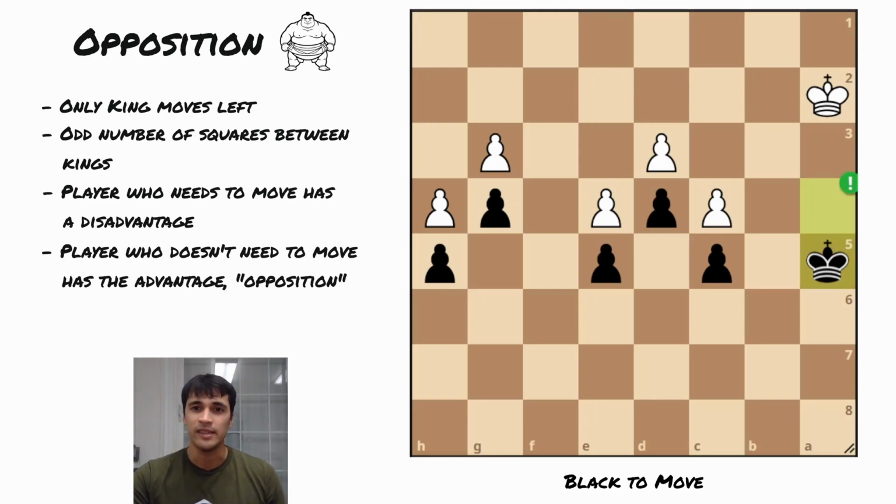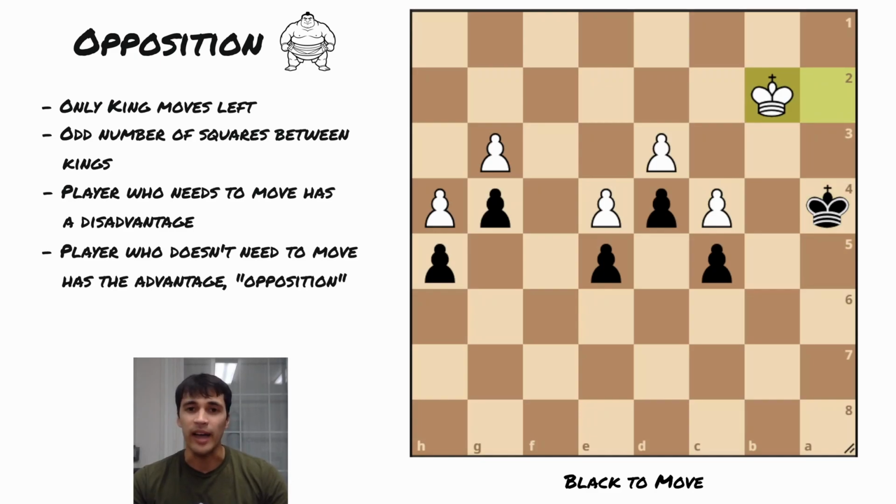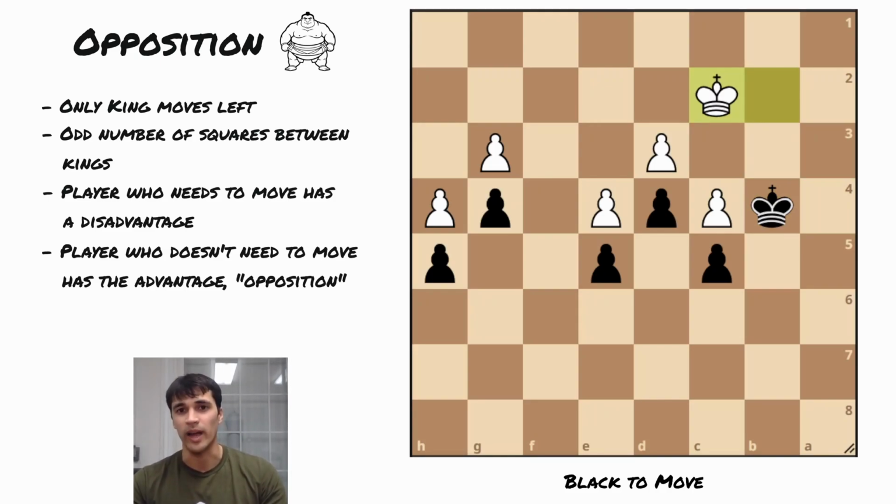If you said king a4, good job. King a4 gives black the opposition. And let's see how this is an advantage for black in this position. So now we have white to move, and if white tries to keep black out of the pawns by moving b2, black can keep his opposition by playing king b4, and white tries to stay close to his pawns, but now you see he's given up space that allows black to go around the king.